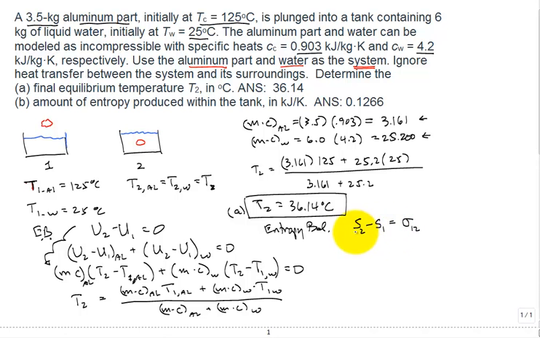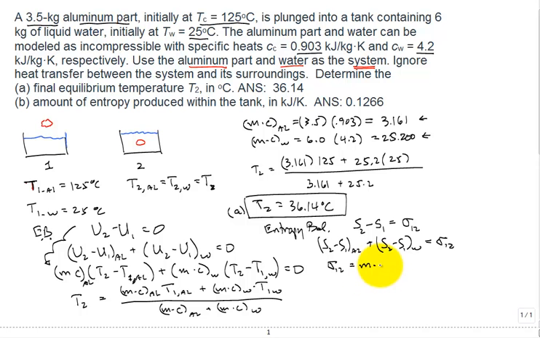So sigma 1 to 2. Okay, well, how do I calculate this change in entropy? You bust it into the two mass components. So it'd be S2 minus S1 of the aluminum plus S2 minus S1 for the water. Let me just put sigma 1 to 2 on the left-hand side. And then, well, how do I calculate that? Well, it's a solid, or incompressible substance.